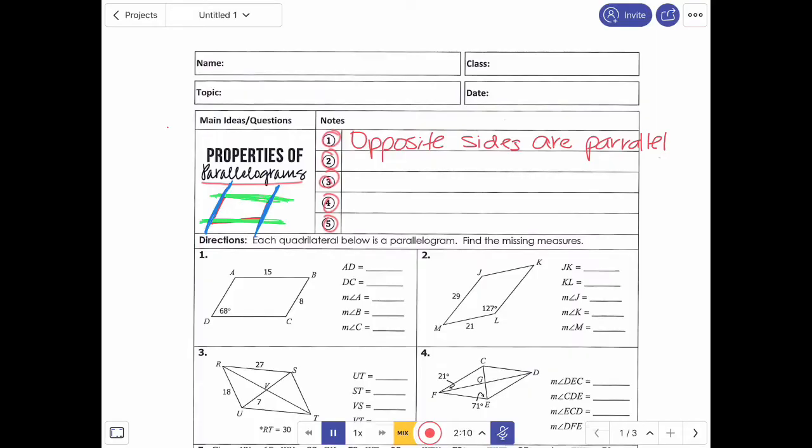The second property is going to be opposite sides are congruent. So if I have this parallelogram, maybe in your picture you would just put little tick marks to show that the sides are congruent.